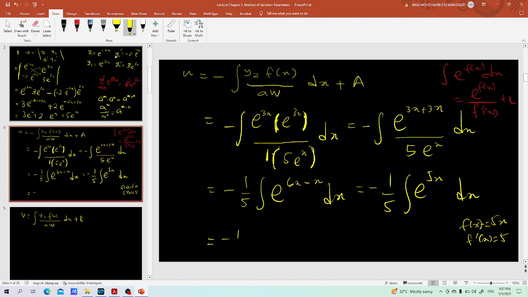So negative 1 over 5, and then we put 5 at the bottom, e^(5x) plus c. c is a here. And then simplify again: negative e^(5x) over 25 plus a. So we solved for u.